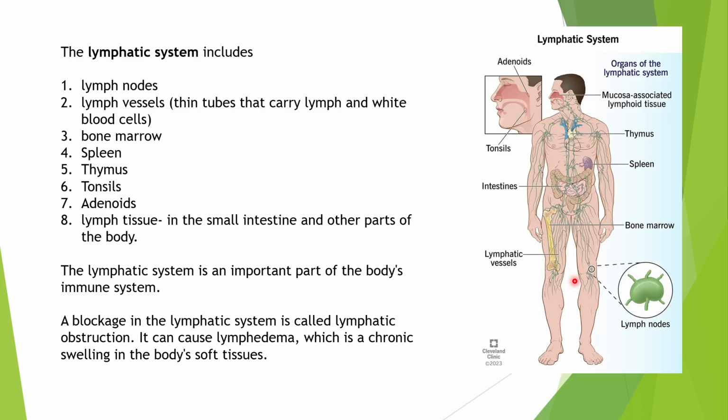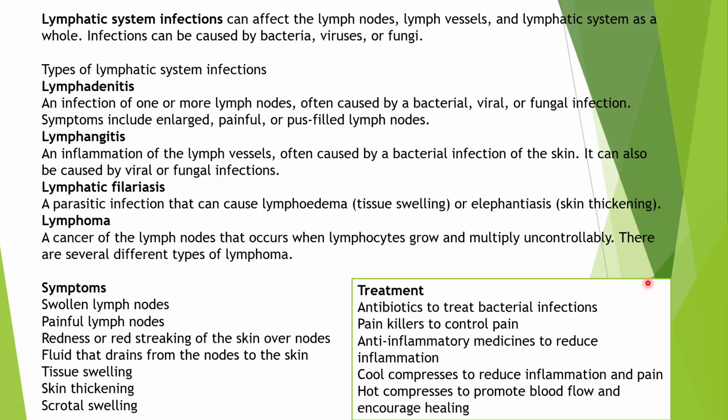So when the infection is at your lymph nodes in this particular region, then it is lymphadenitis. Because it is in the nodal areas, it will later become pus-filled because of the bacteria or virus, whatever has been infecting. And then there will be obviously swelling, enlargement, and it is also painful.